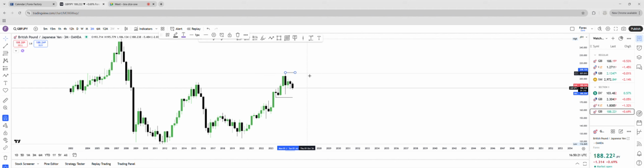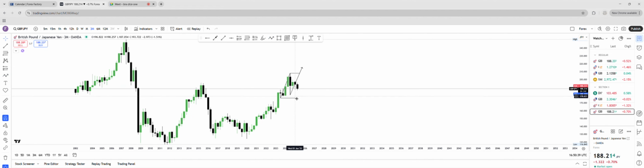This is now our swing structure, our higher time frame structure. So this is the 3 months. This is basically what the market did. We created a low, a high, and a low. So we expect the market to create another high. So the market is still respecting this low.